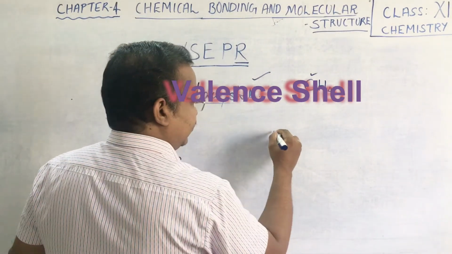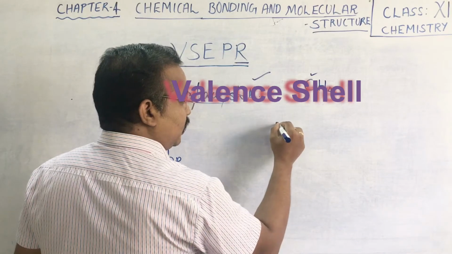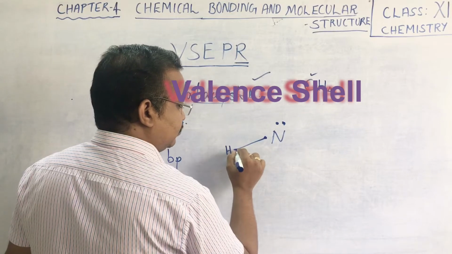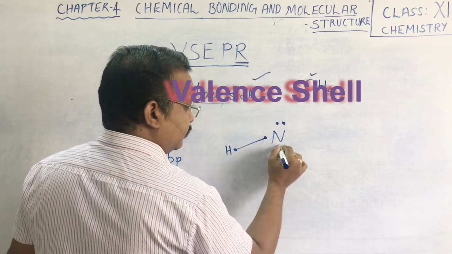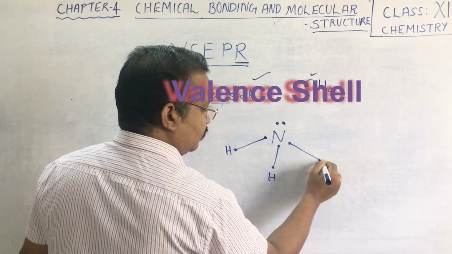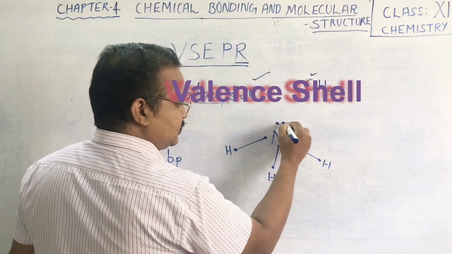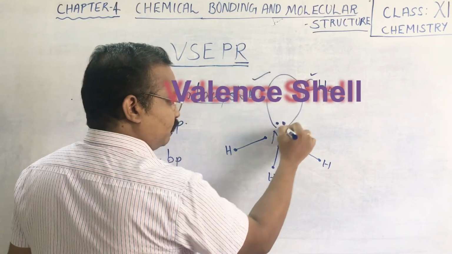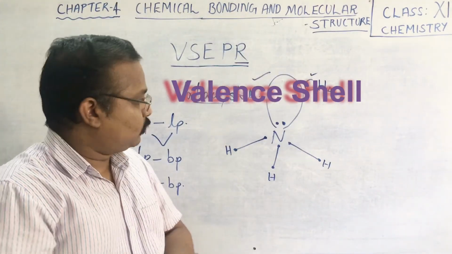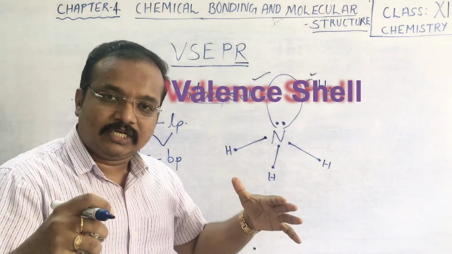If you take a nitrogen atom, children, as you know, nitrogen has 5 valence electrons. In the case of ammonia, the structure is found to be like this. Why? Because the presence of the lone pair forms an electron cloud, and because of that, the other bonds are pushed downward.